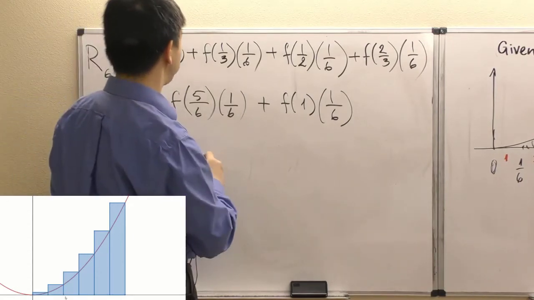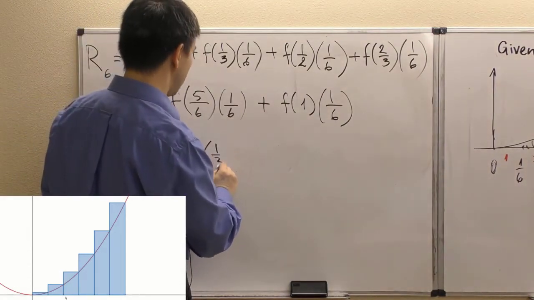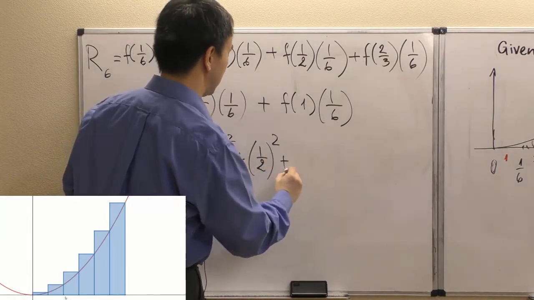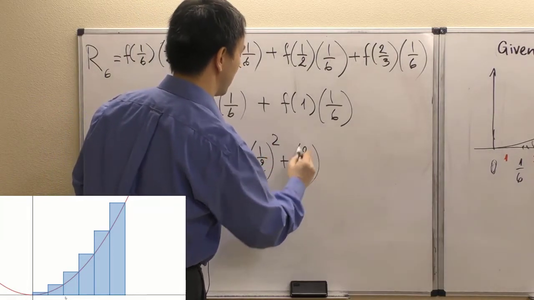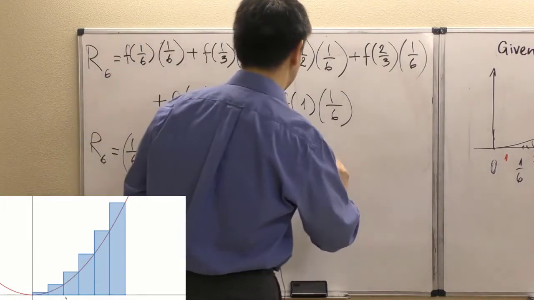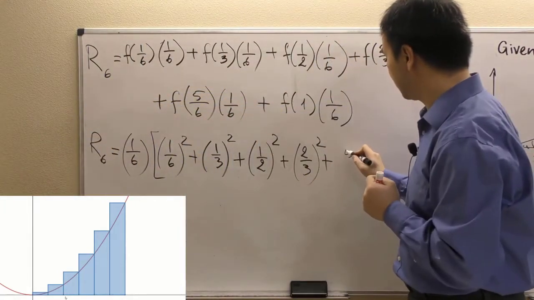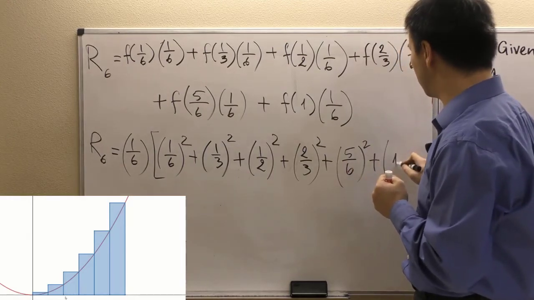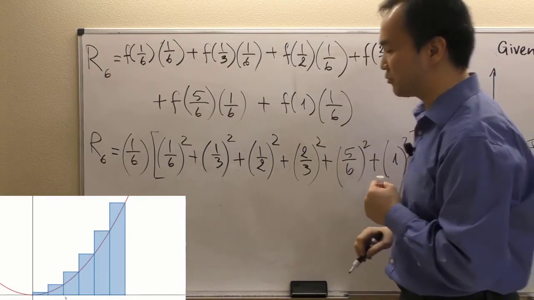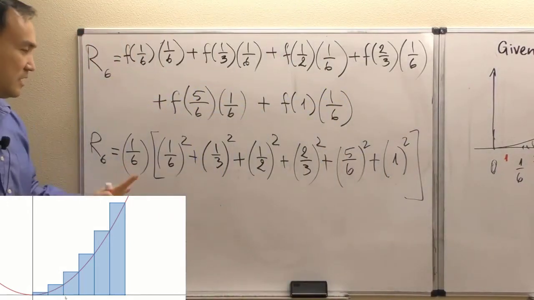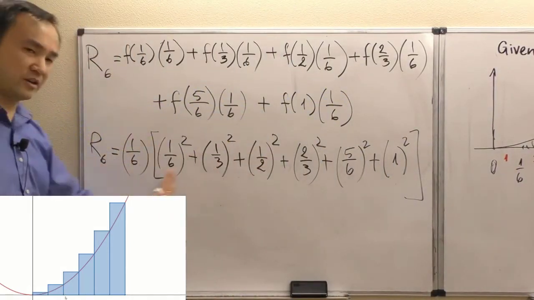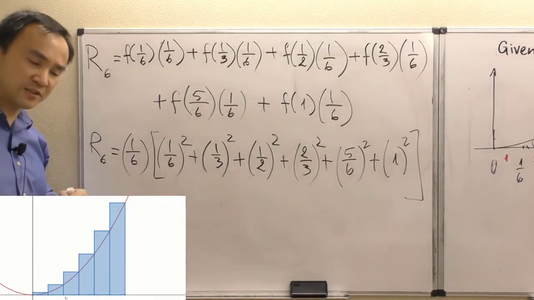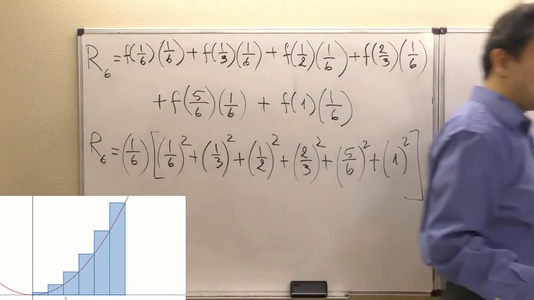Plus (1/3) squared, plus (1/2) squared, plus (2/3) squared, plus (5/6) squared, and the last one is 1 squared, and close my parentheses. That's what I'm going to be calculating, and whatever comes out of this calculation is going to be our R6 value.